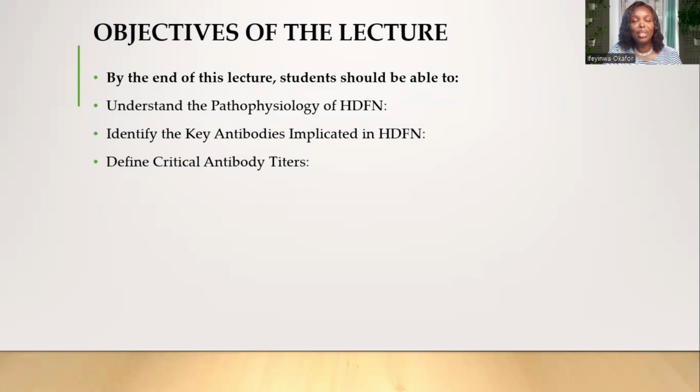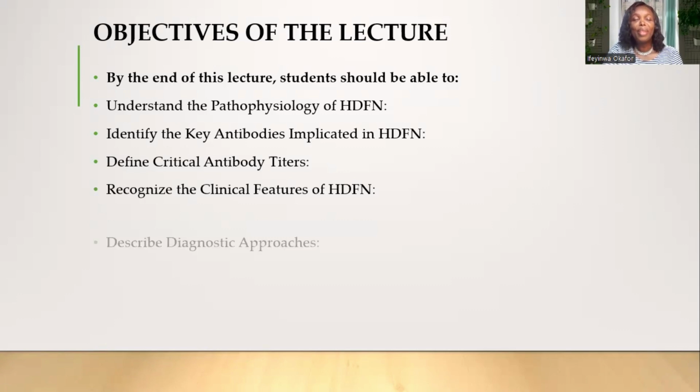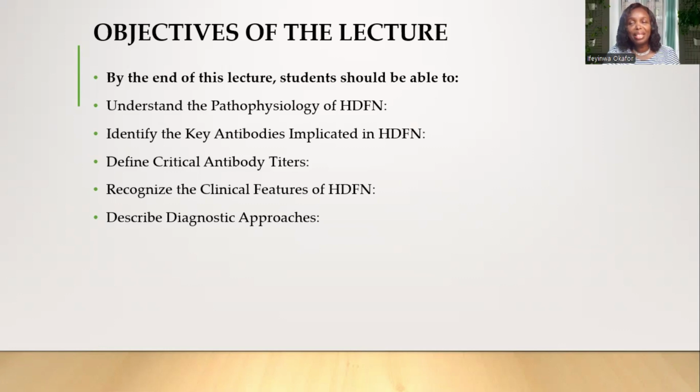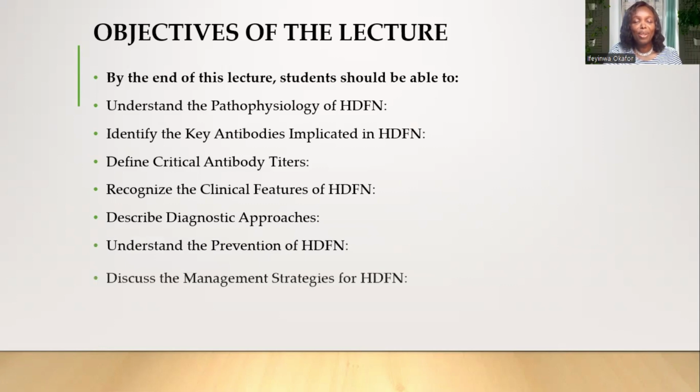You should be able to define critical antibody, what we call critical antibody titer, recognize the clinical features of hemolytic disease of the fetus and the newborn, describe diagnostic approaches, and you should understand the prevention strategies with regards to hemolytic disease of the newborn. And of course, discuss the management strategies for hemolytic disease of the fetus and the newborn.